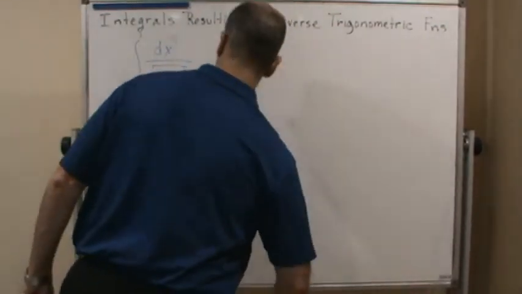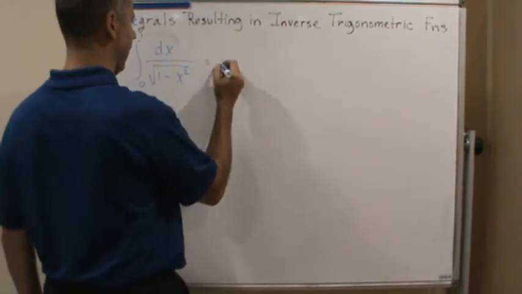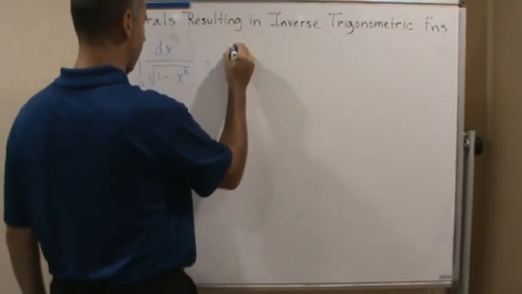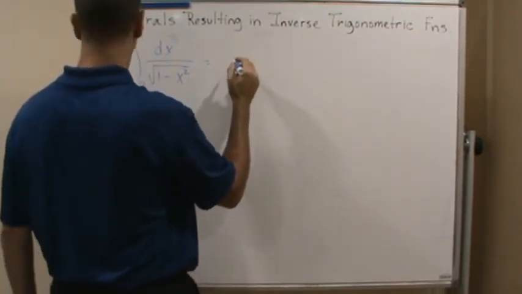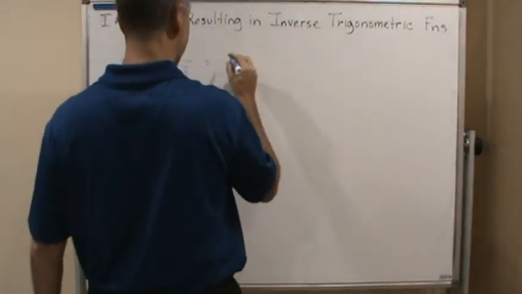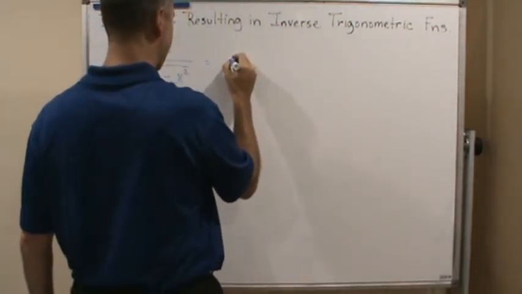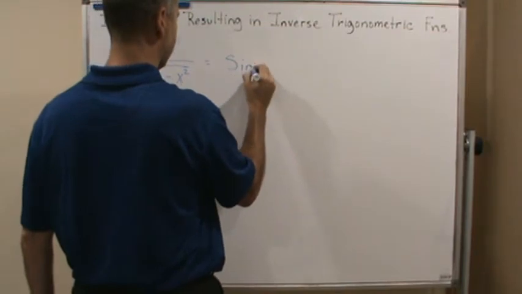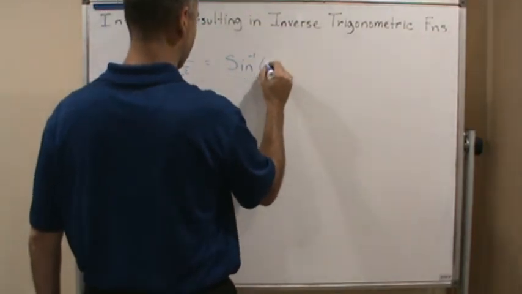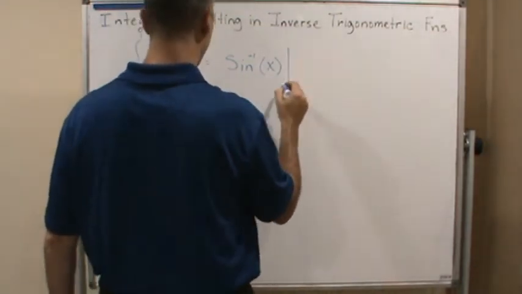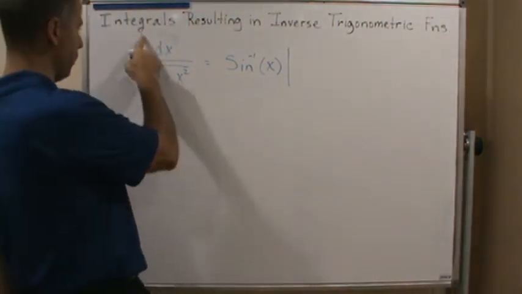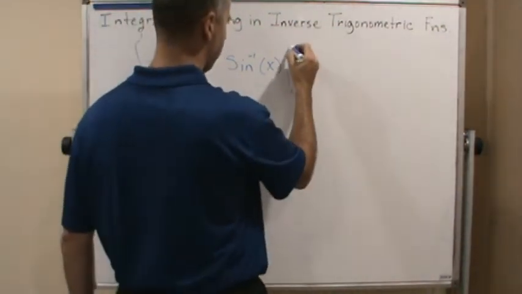Okay, so all I'm going to do is rewrite this as sine inverse of x, and we're evaluating because it's a definite integral, so we're evaluating from 0 to 1.